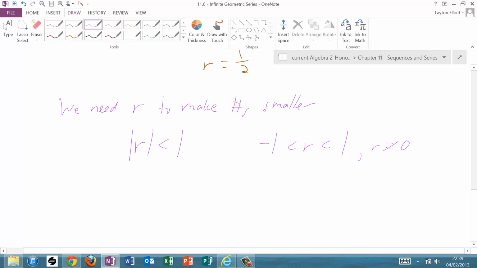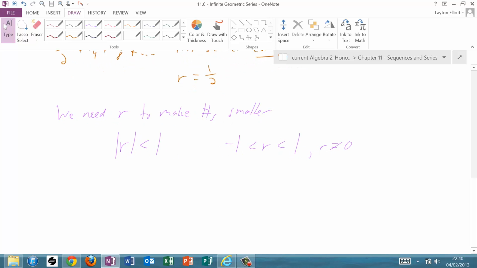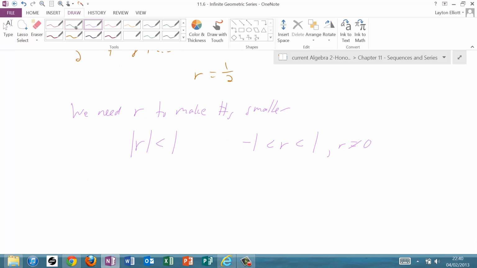So that's really what it comes down to, is we actually have to have an absolute value of r that gives us something that makes the number smaller. So we're going to do a definition here. An infinite geometric series, sorry, it's late and I cannot write well.